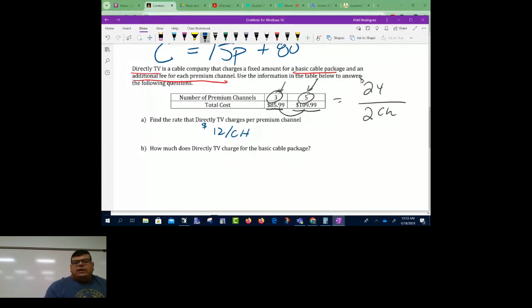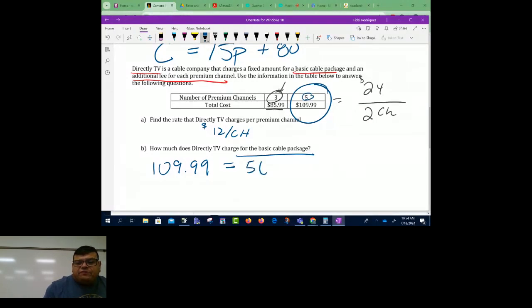Okay. Now, I want to know, what is the basic cable package? So y'all, I can figure this out a couple of ways. Suppose I decide I want to use this point right here, okay? I could figure this out by saying, look, I'm paying $109.99. I have 5 channels that I'm paying $12 for. And then what is my basic fee? Okay.